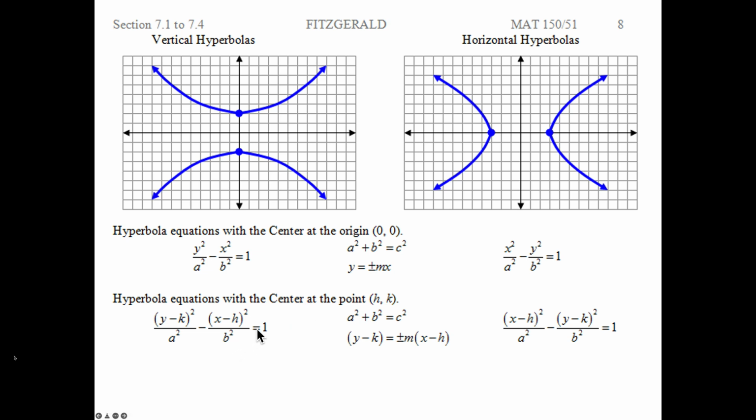Be careful when your center is somewhere other than the origin. Notice the tops change, and therefore you really have to say to yourself, find the x, change the sign, there's your h. Find the y, change the sign, there's your k. A lot of people will say, oh, here's my center at k, comma, h.